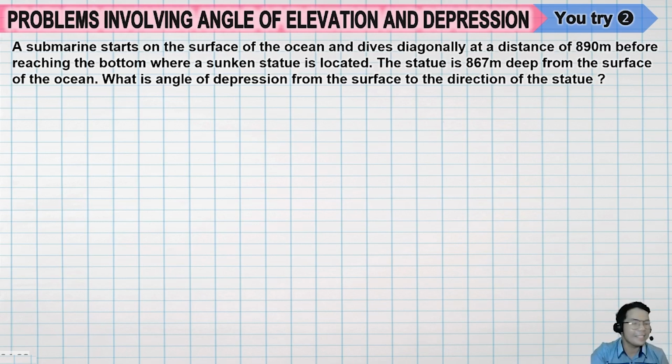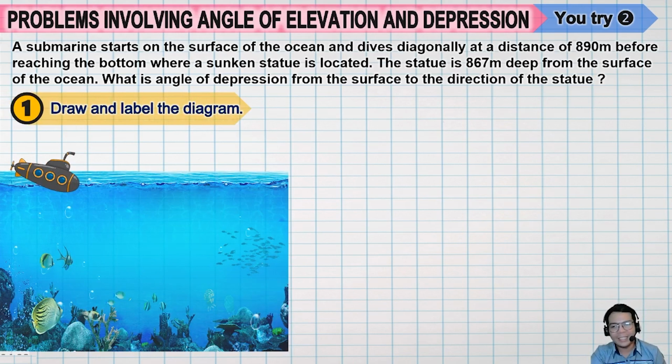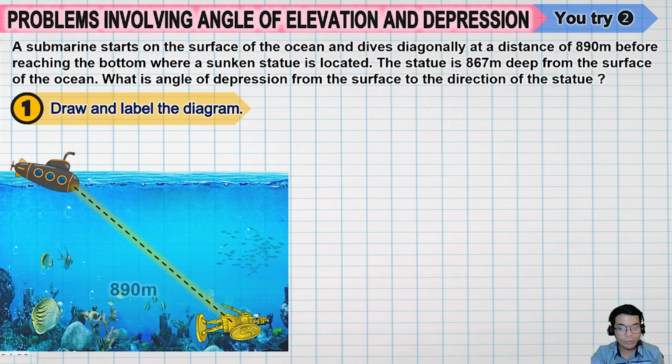Okay, so let's see. This will be the diagram presented. Yan. So we have a submarine going diagonally to the sunken statue. So the length of that travel from the surface of the ocean going to the sunken statue, if you travel it diagonally, it's gonna be 890 meters based on the given problem.